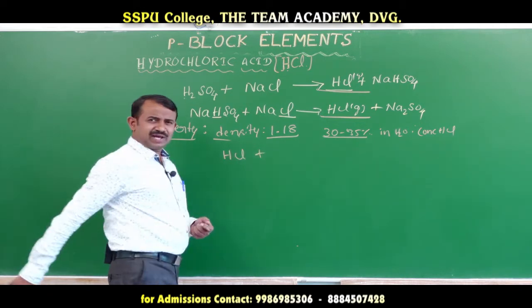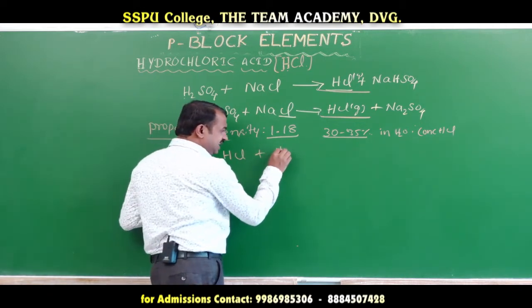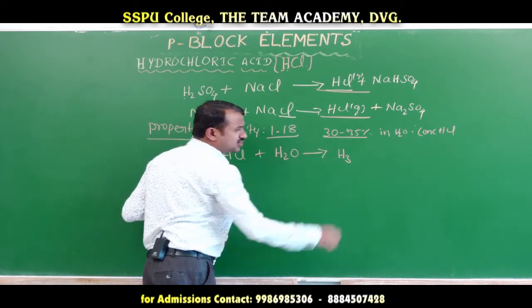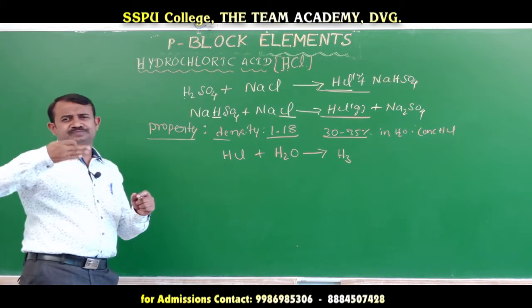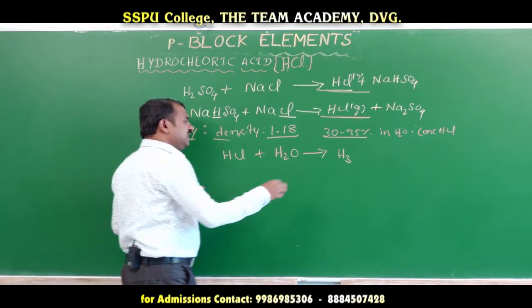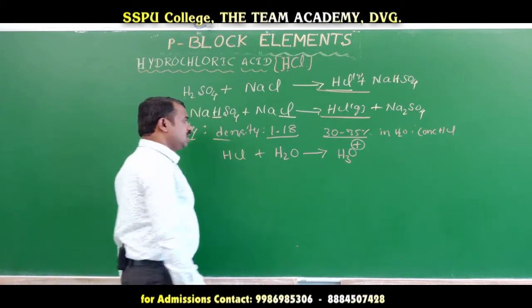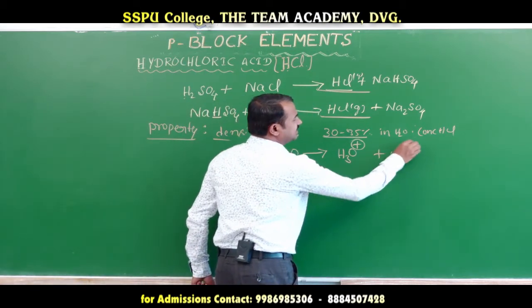When hydrochloric acid is dissolved in water, it strongly dissociates, giving the hydronium ion, H3O+, plus Cl minus.